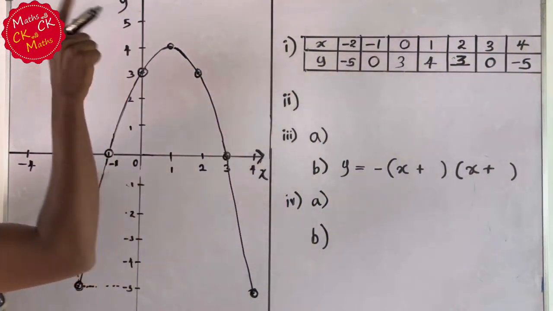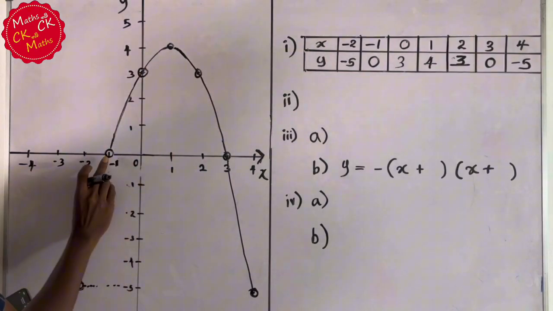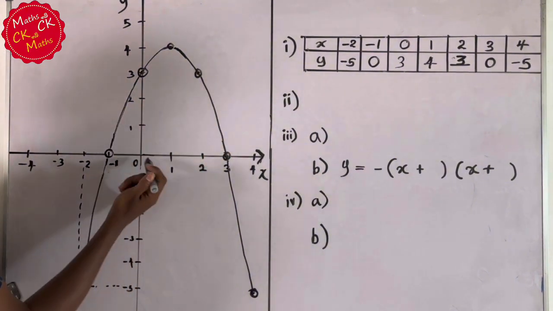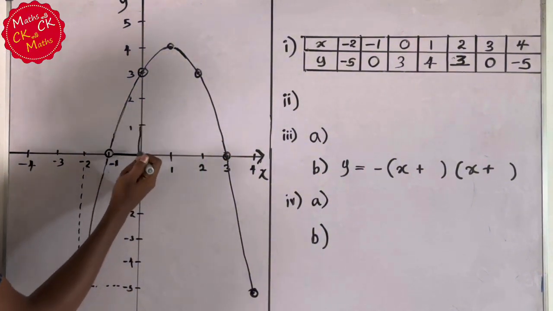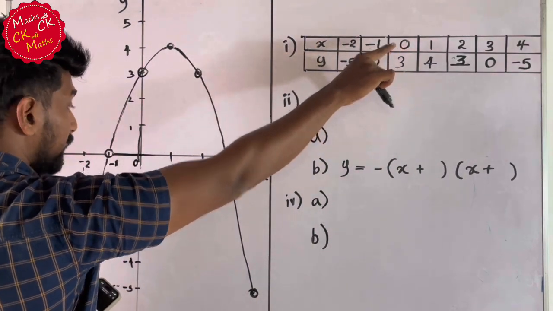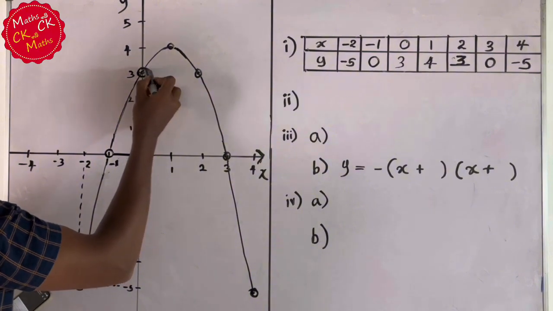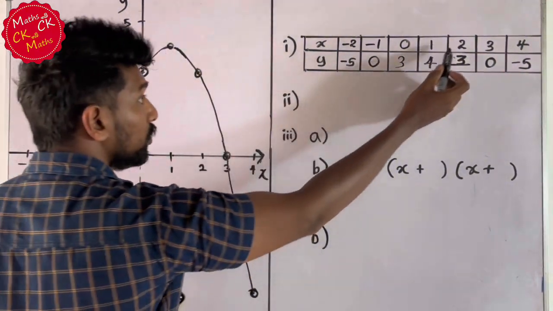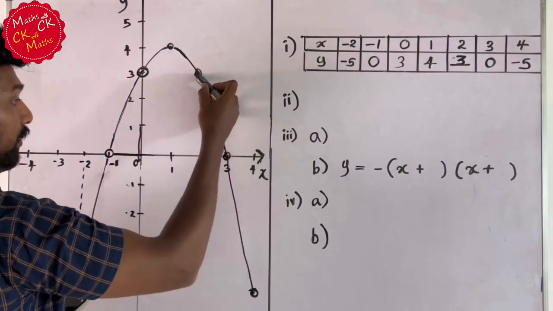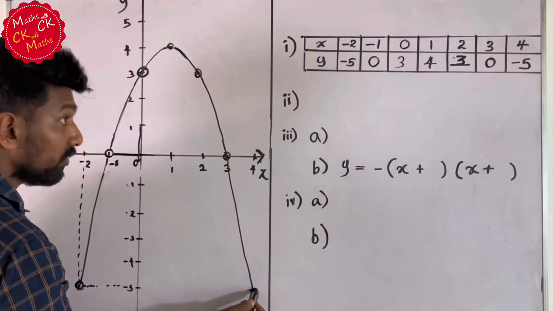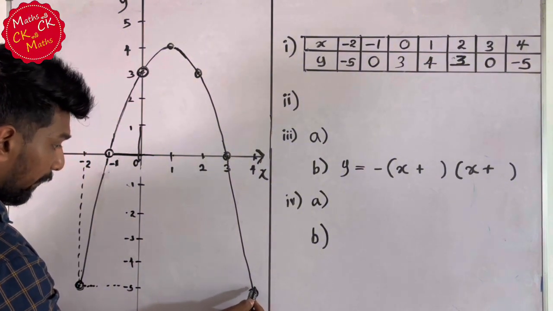-1, 0. Firstly, on the x-axis it is -1, and what's the y value? The y value is 0. Then x-axis 3, y is 0. 1, 4; 2, 3; 3, 0; and 4, -5.